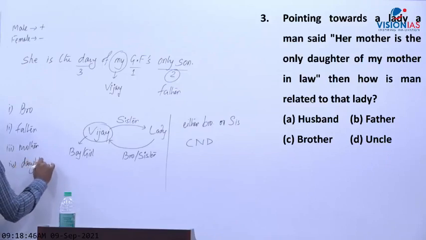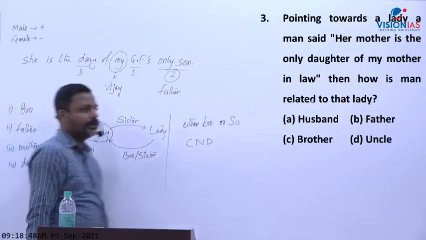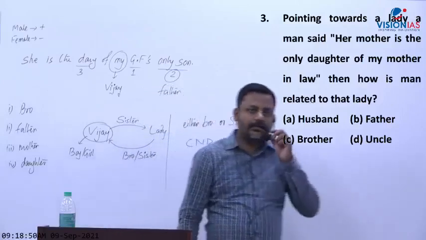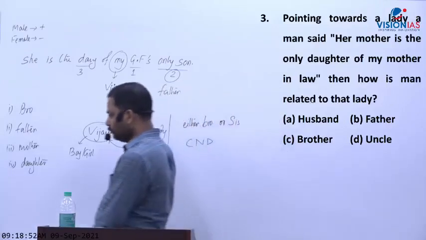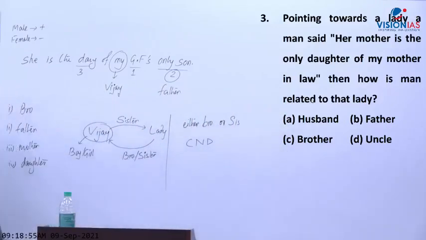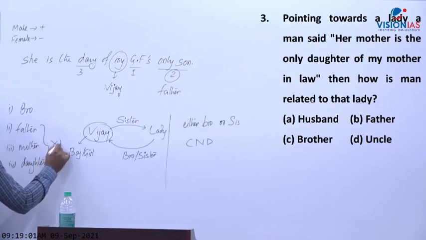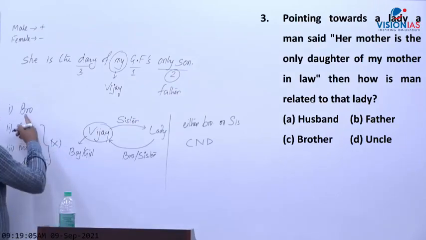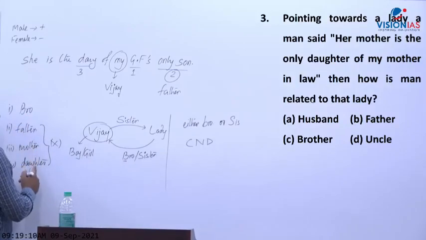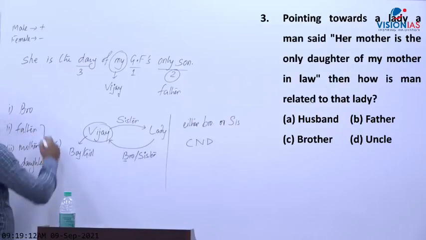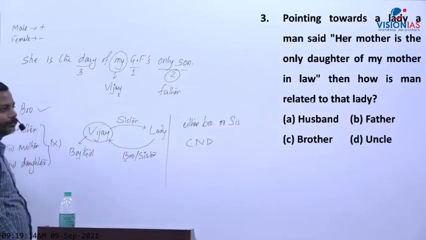Let's say these 4 options are given. Out of these 4 options, these 3 are definitely incorrect, and there is a possibility of being brother. It is a possibility, but the rest of the 3 relationships are definitely wrong. Then only we can go for brother.